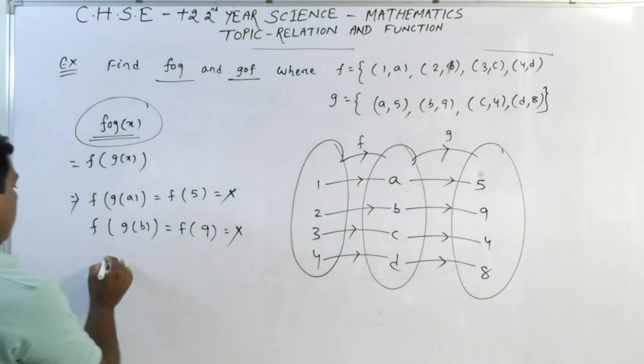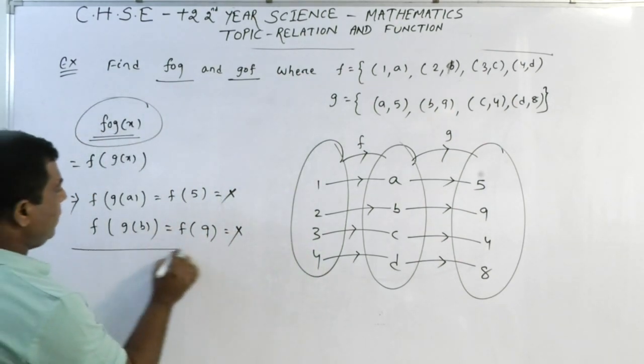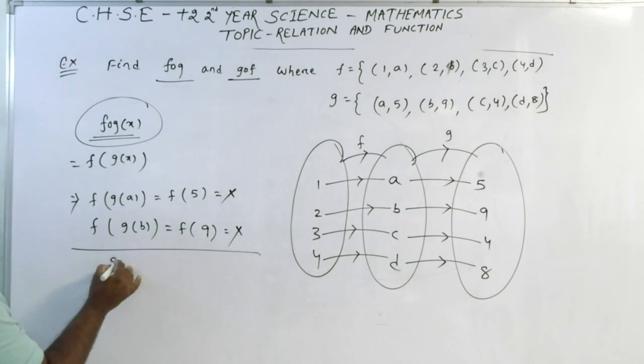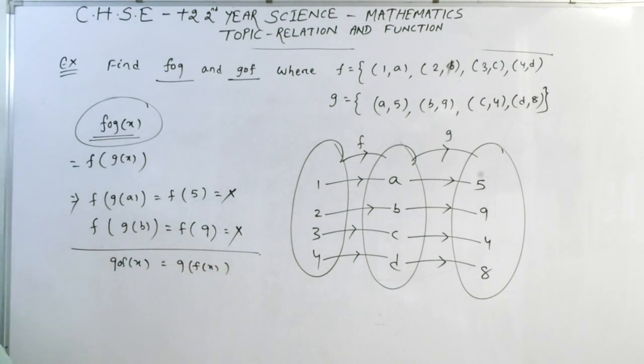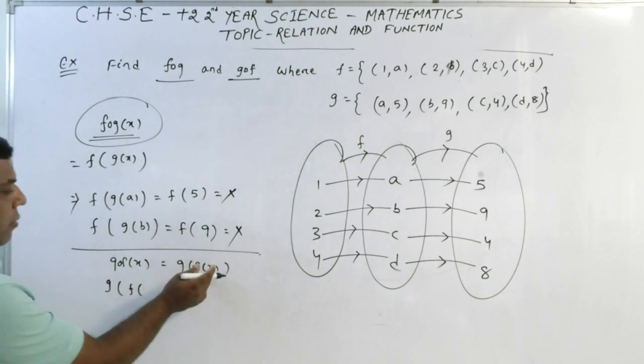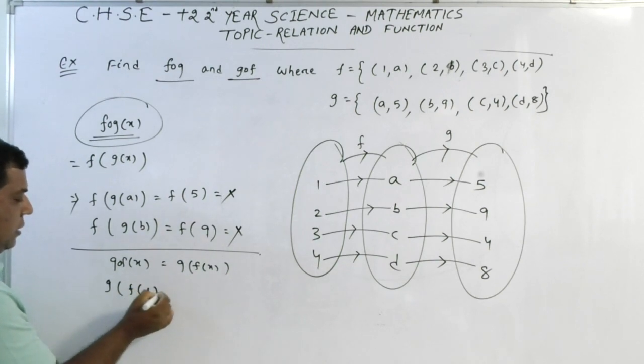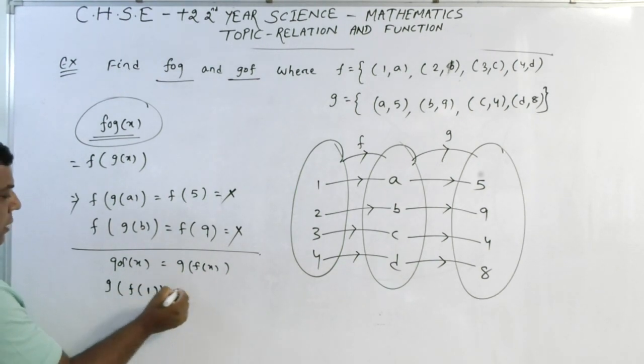Let us check it. So now we are going to find our gof of x. What does it mean? It is equal to g of f of x. So we will go element by element. The elements of f are, initially it is applied on 1.